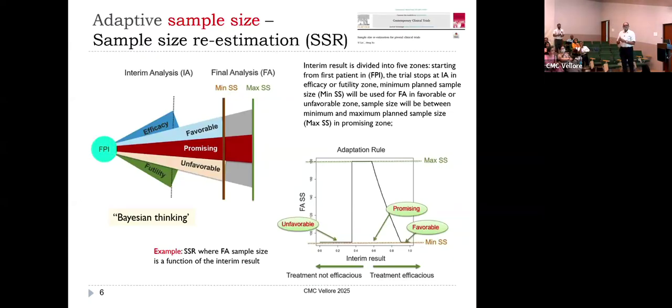Here you're changing the difference. Is it proportional? It's the sample size that we are recalculating. Suppose your primary outcome variable is continuous.